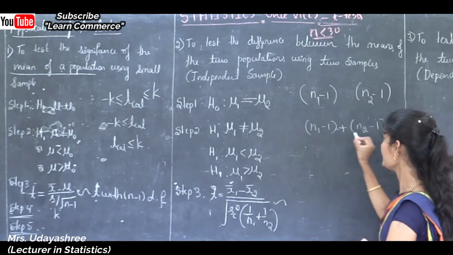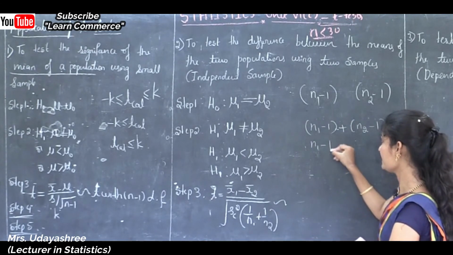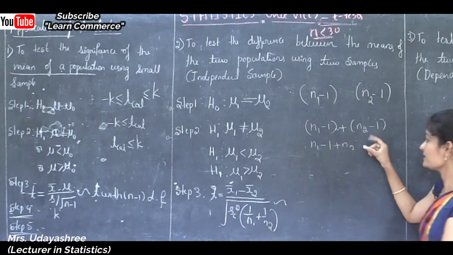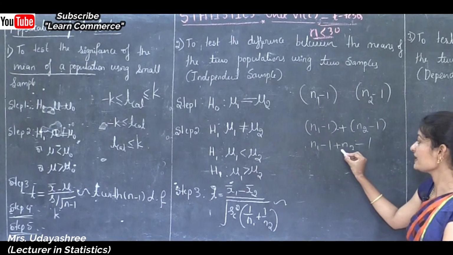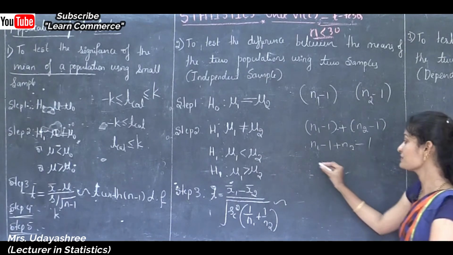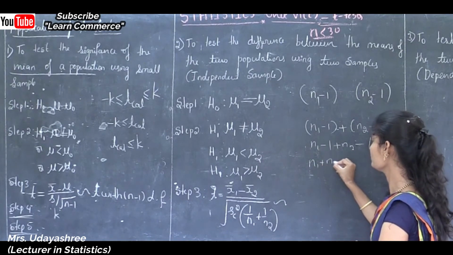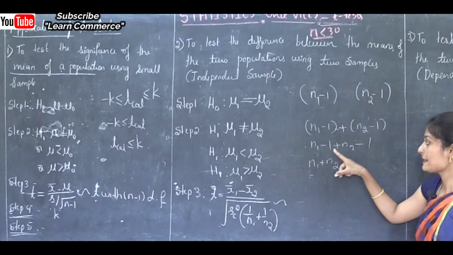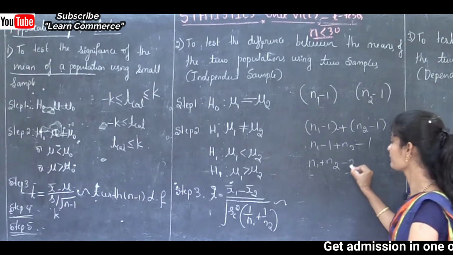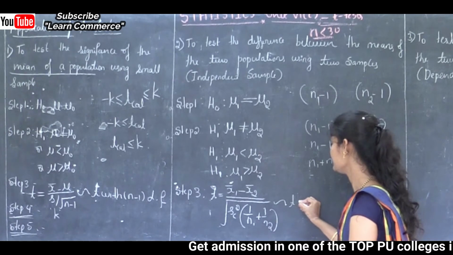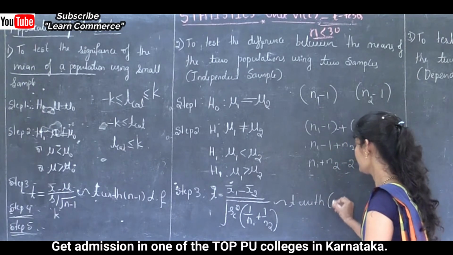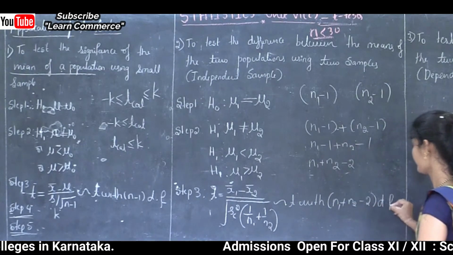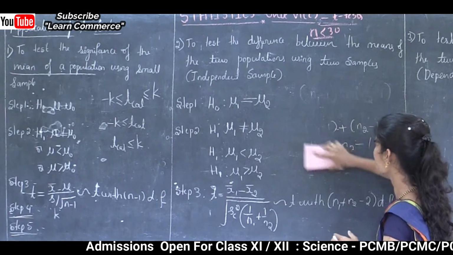The n1 and n2 are positive terms, so together n1 plus n2, and minus 1 minus 1 gives minus 2. Therefore I will write t with n1 plus n2 minus 2 degrees of freedom. Okay, this is the test statistic for this application.